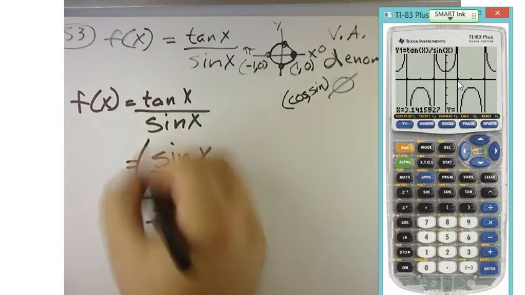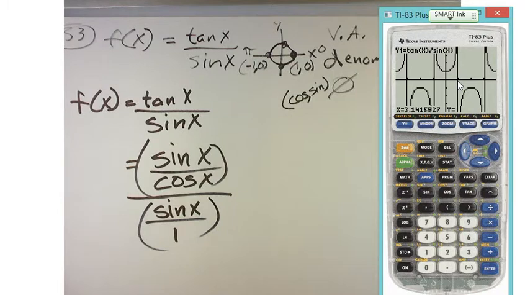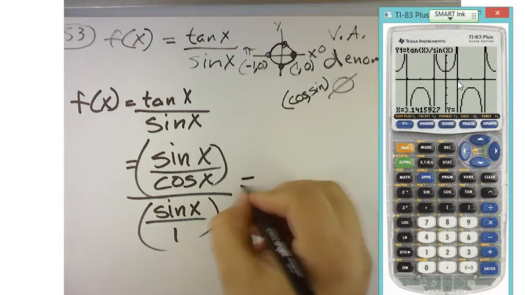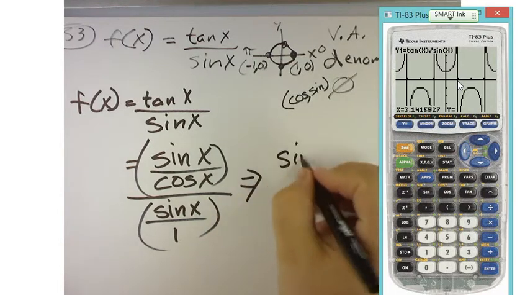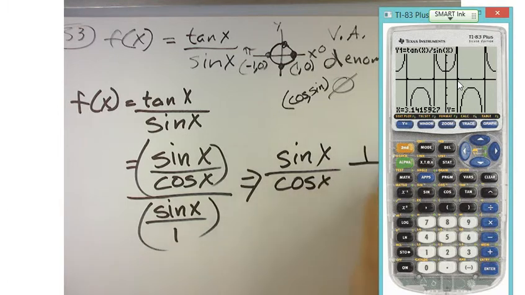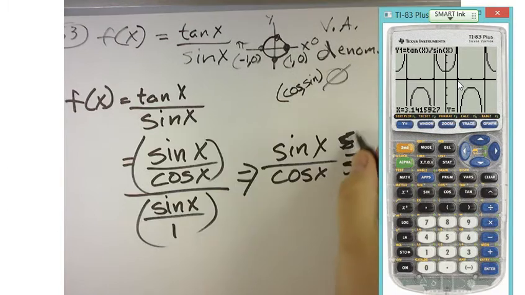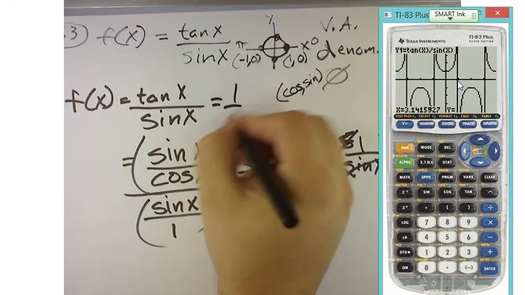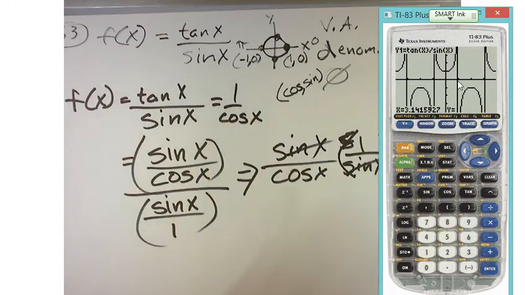So if I think of this as a fraction and this as a fraction, whenever you divide by a fraction, don't you multiply by the reciprocal? Well, wait. 1 over sine of x, right? Is that right? 1 over cosine. Sines of x cancel, and so this whole thing is equal to 1 over cosine of x.